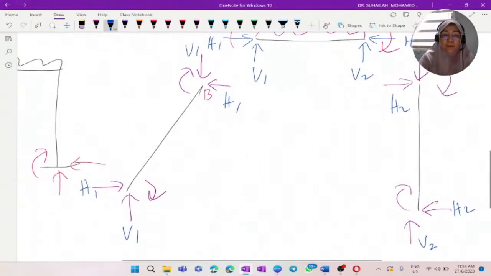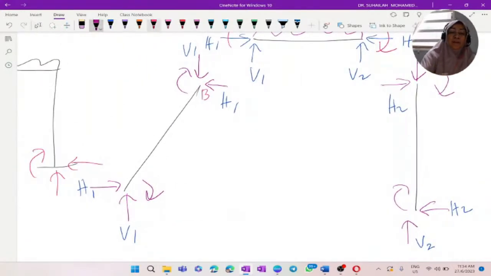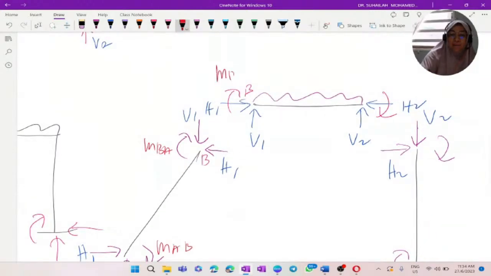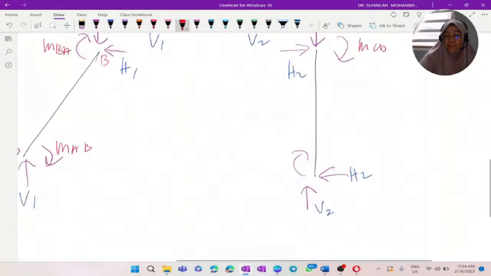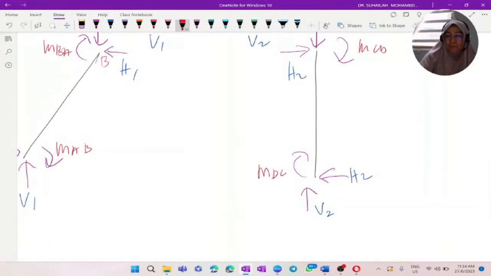For the moment, we label it as member and moment. So we just need to label as MAB, MBA, MBC, MCB, MCD, and MDC.